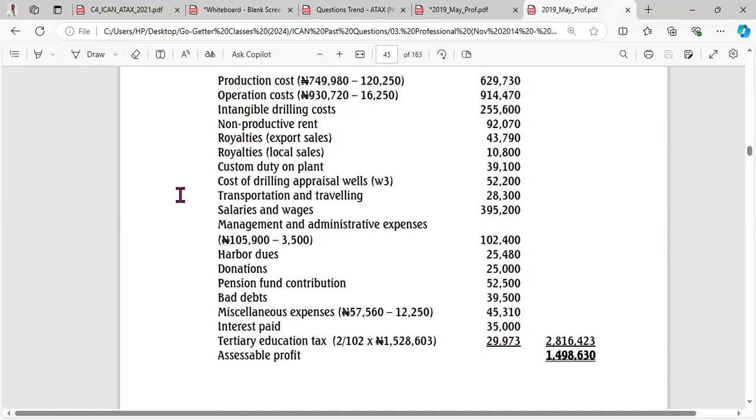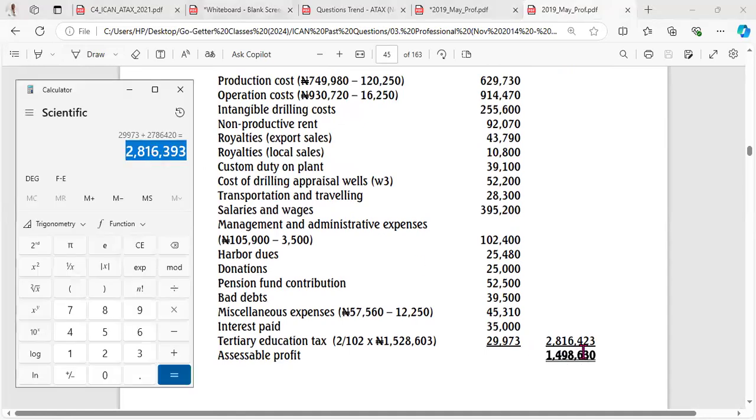So 2,816,420. Let me see the difference. The difference, 2,816,423. Sorry.